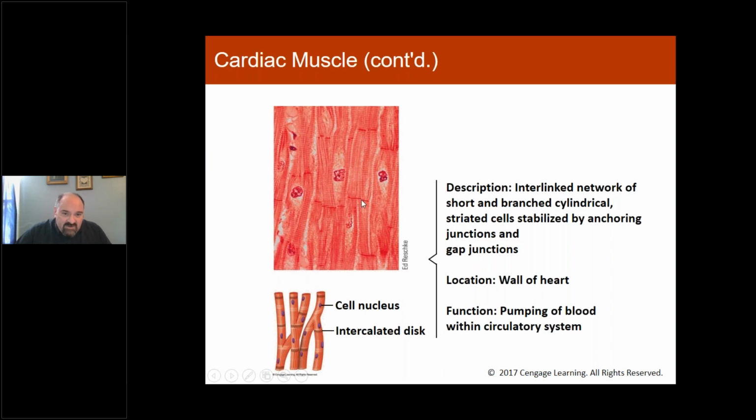See those dark lines right there? Those are the intercalated discs. And they contribute to all the muscle fibers in the cardiac muscle contracting as a unit, as one. So the upper chambers of the heart, the atria, contract, and then the ventricles, those lower chambers of the heart, contract in unison. Okay?